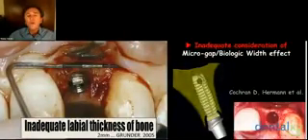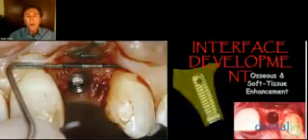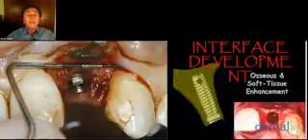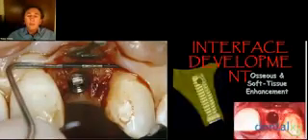How can we overcome that if we do see a ridge, as you see on the lower right part of your screen, where you can get the implant in, but the labial plate is very, very thin? Well, some of the way we're handling interface development today is we're grafting those areas. We're doing osseous grafting, usually with a low turnover grafting material, so that it would create the ability to create a scaffold for the soft tissue.